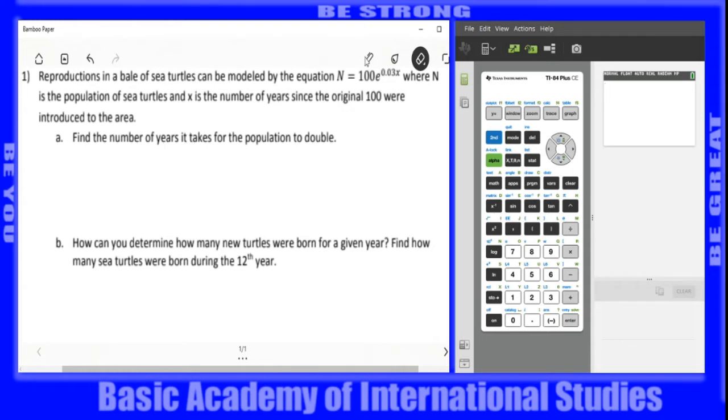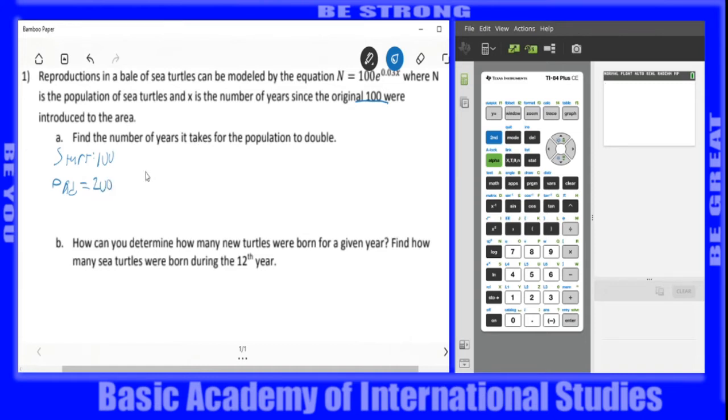Now, this problem might seem initially difficult, but it's actually a very simple problem. This first one is asking us for how many years it takes for it to double. So notice that here it tells us that originally there were 100 introduced to the area. So if our start was 100, then we must end when we have 200.